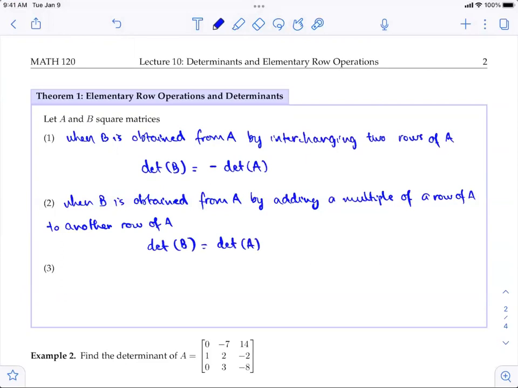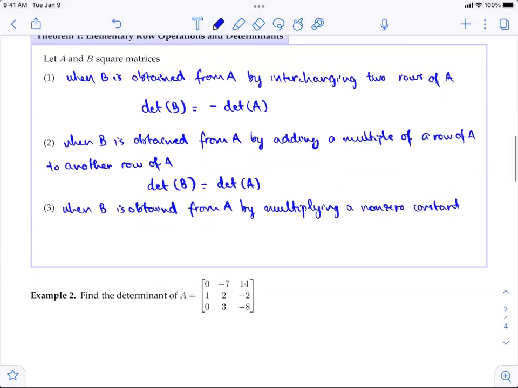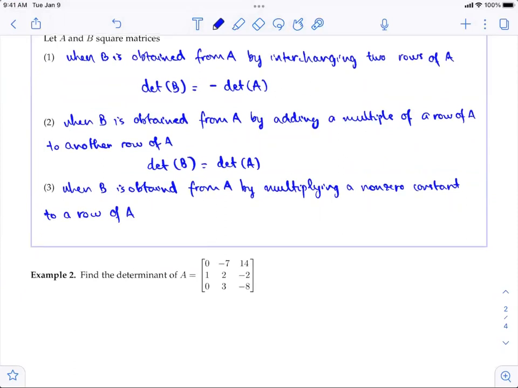And in the last case, when B is obtained from A by multiplying a non-zero constant to a row of A, let's call that non-zero constant C, then the determinant of B is equal to C times the determinant of A, right?